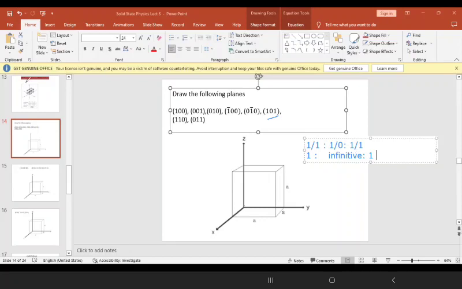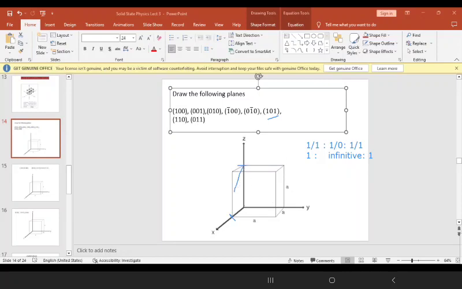So you can mark x-axis 1 and z-axis 1, but it will not cut at any point on the y-axis.